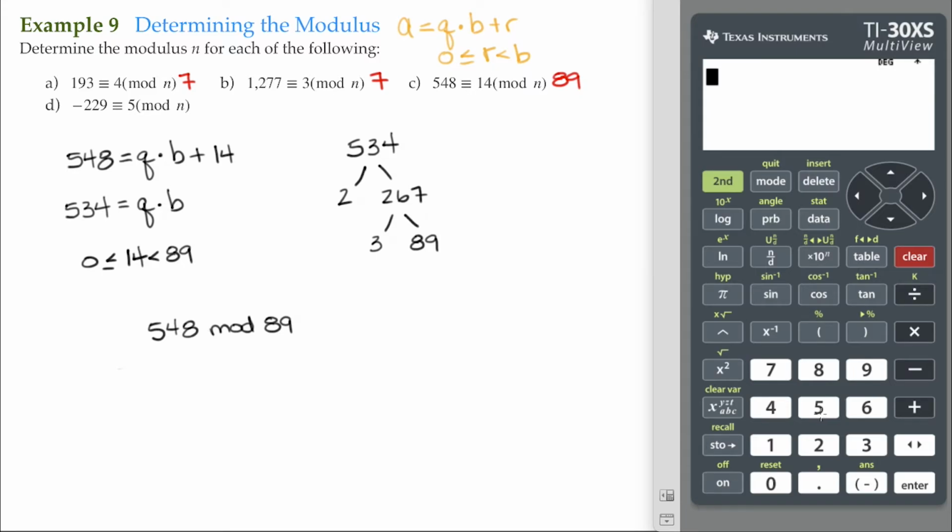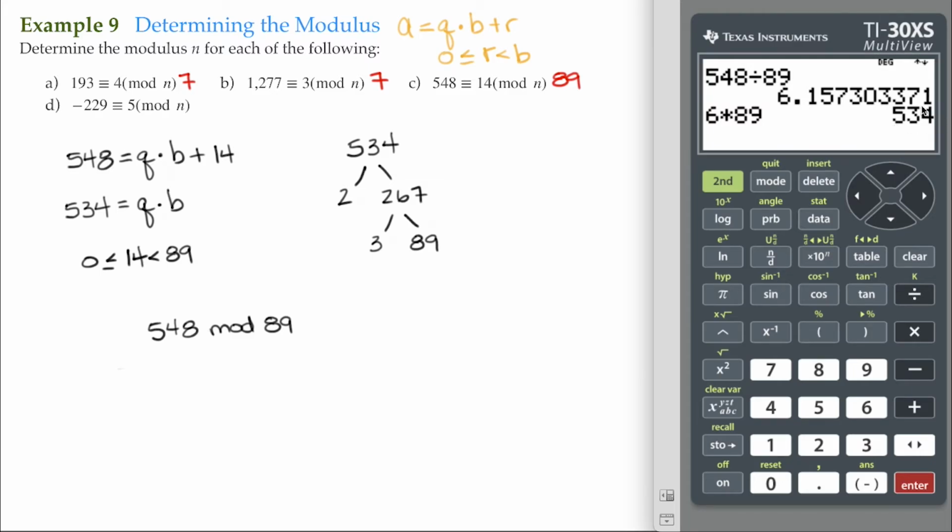So we'll do that. 548, divide that by 89, gives me a quotient of 6. 6 times 89 gives me 534. 534 will give us a remainder of 14. So it works.